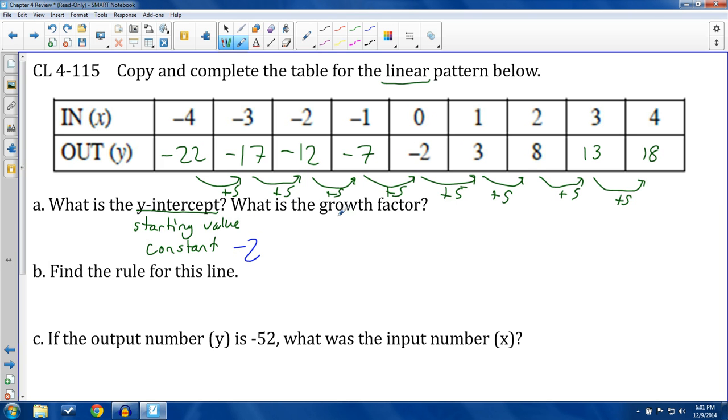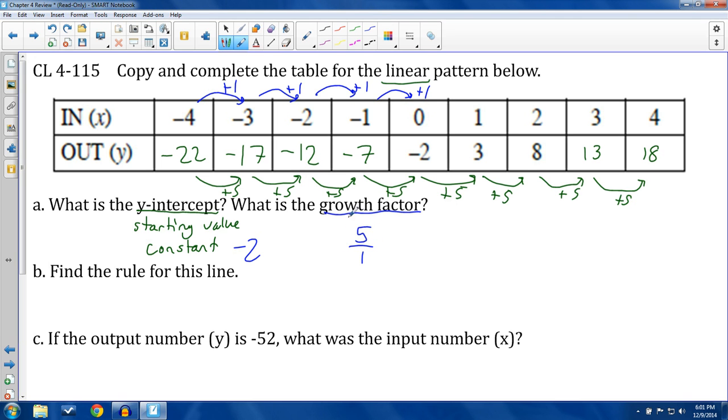So that's that one. The growth factor, that's the number that it grows by every time x goes up 1. So as long as you can confirm that these are going up 1, then you can call that your growth factor of 5 or 5 over 1.